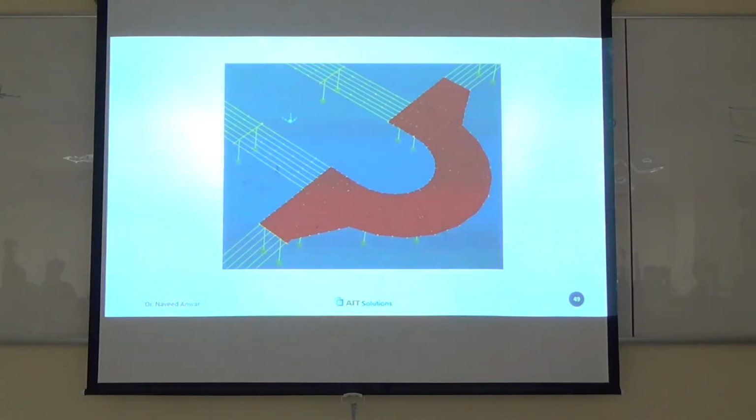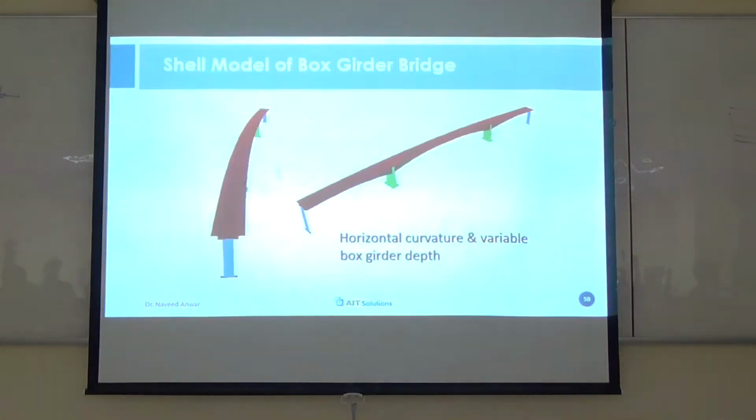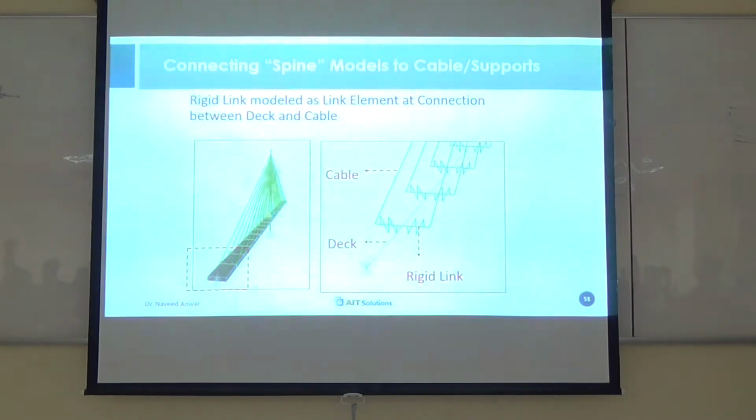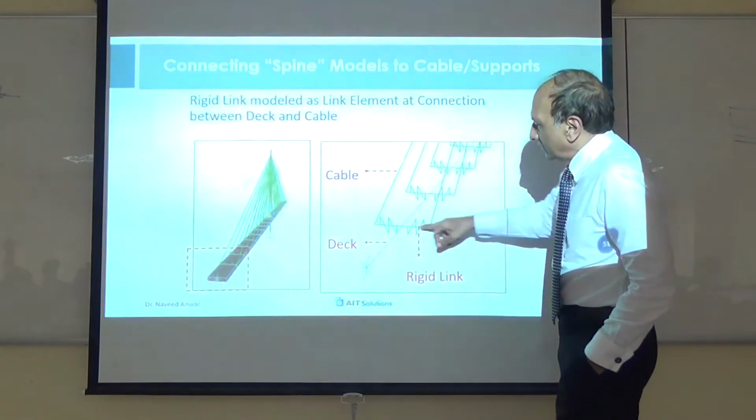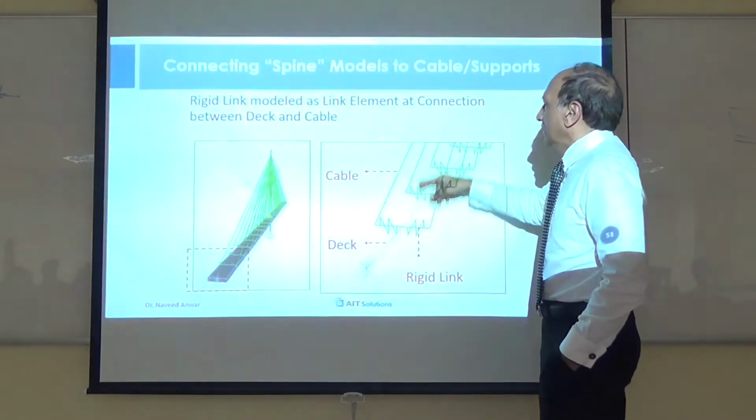This is a closer view of that bridge model. This is for the curved bridge, normal bridge, variable girder. And sometimes you can have the spine model, you can have cross girders with links.